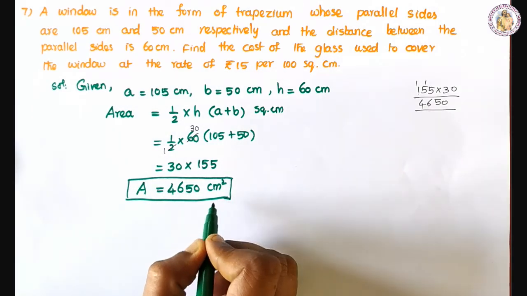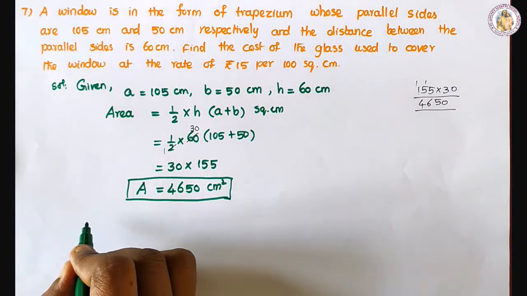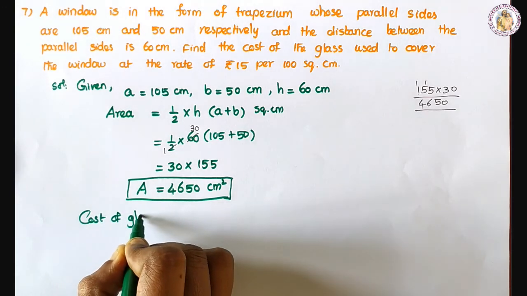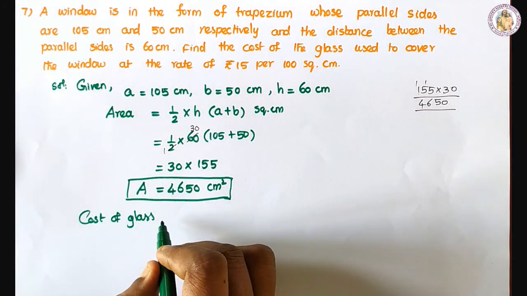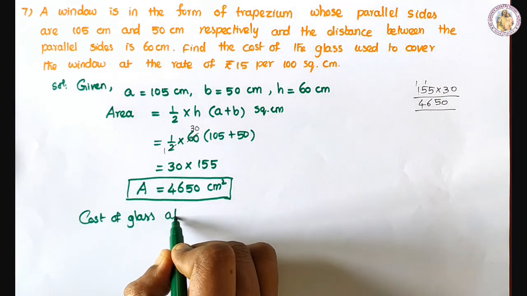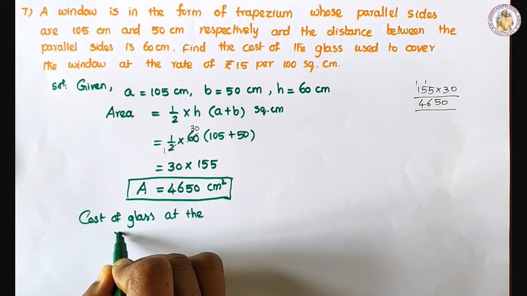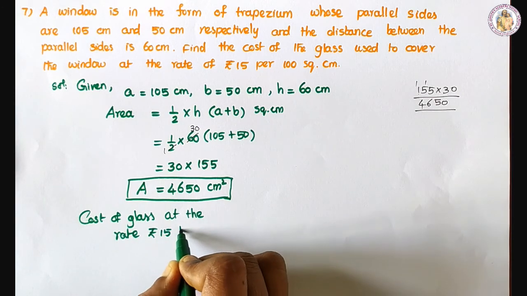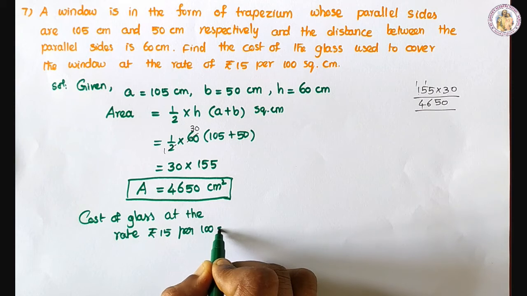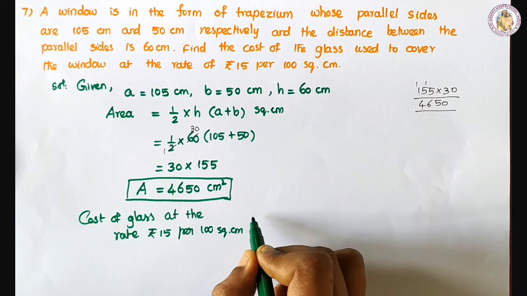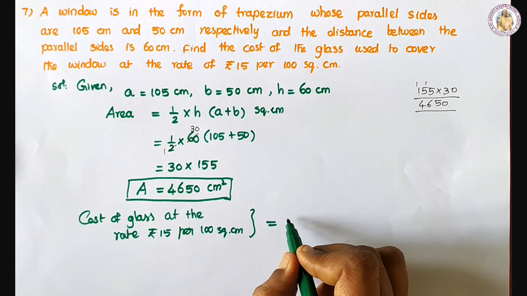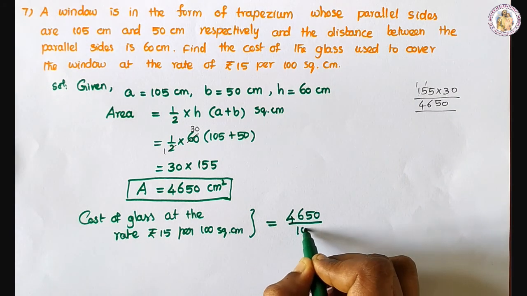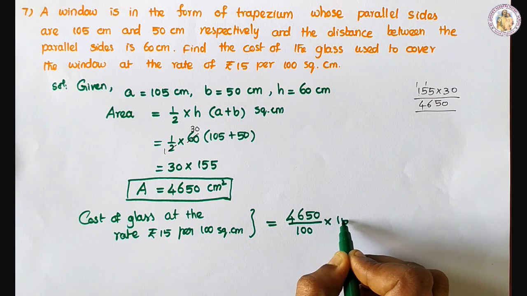Now we have to find out the cost of glass. So cost of glass at the rate of rupees 15 per 100 square centimeter. So 4650 divided by 100 into 15.